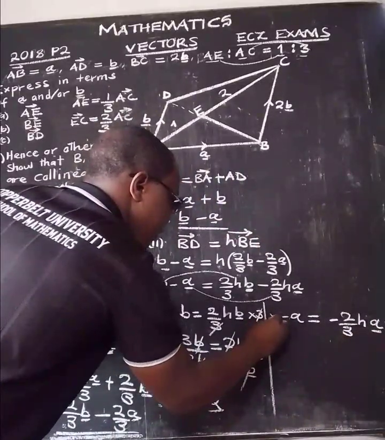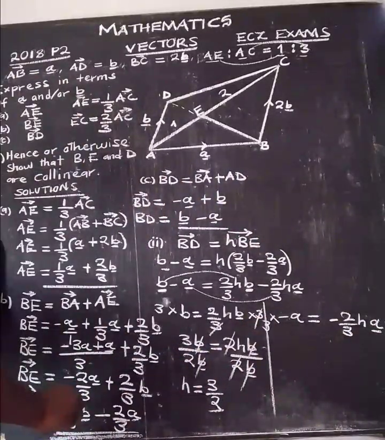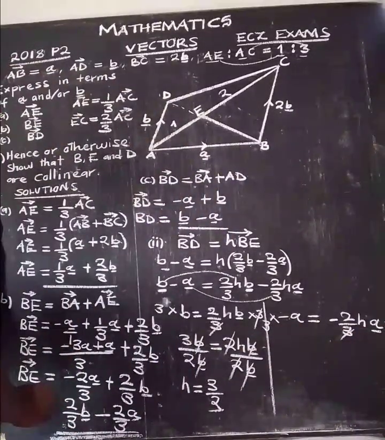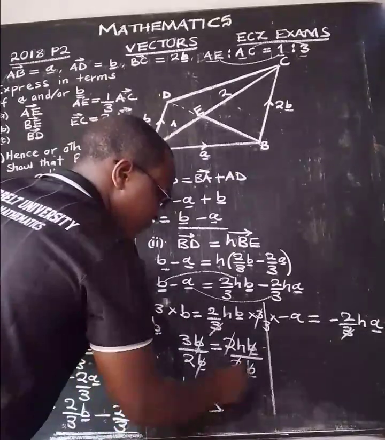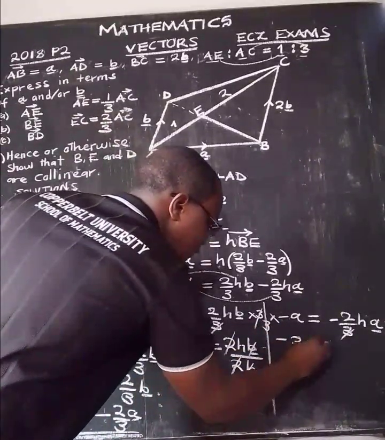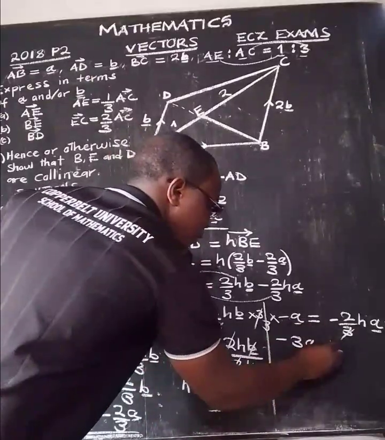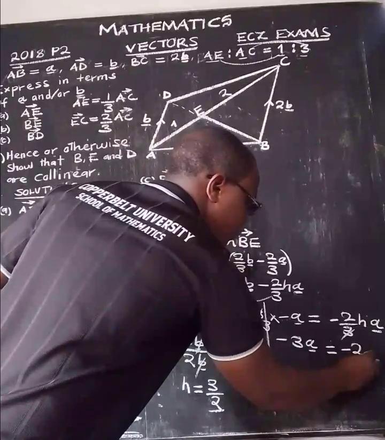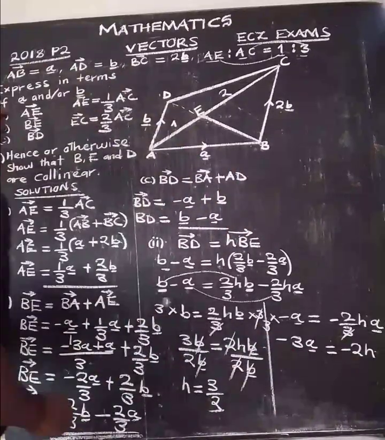This side multiply by what? By 3. Okay, so that this 3 and this 3 can go. Then I'm going to have 3 times negative a get negative 3 vector a, is equal to negative 2 h vector a.